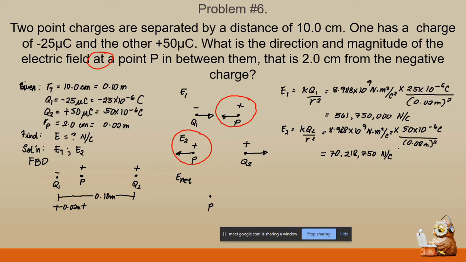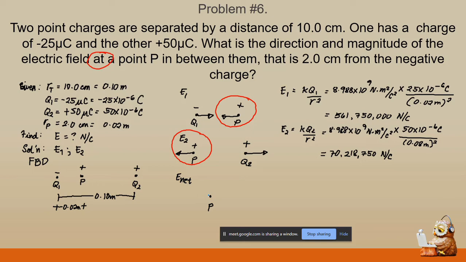Given the magnitudes of E sub 1 and E sub 2, we can now draw our E sub net. It is very important to know the magnitudes of E sub 1 and E sub 2 first, so we have a rough estimation of the length of our electric fields. Let's have E sub 1 first. Based on our diagram, P points to the left. Which is larger, E sub 1 or E sub 2?